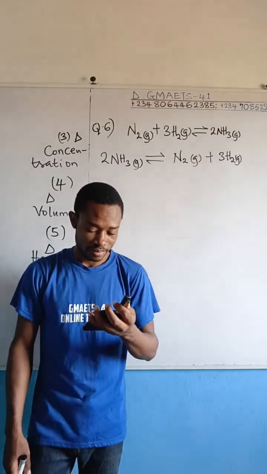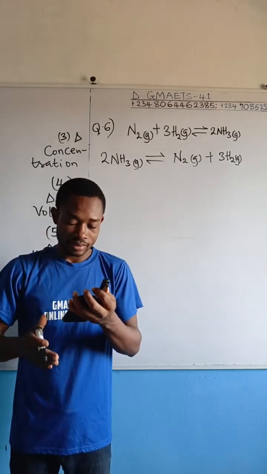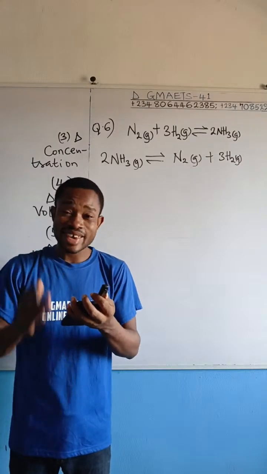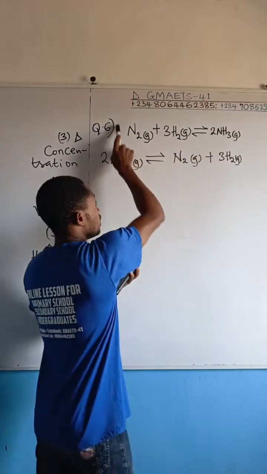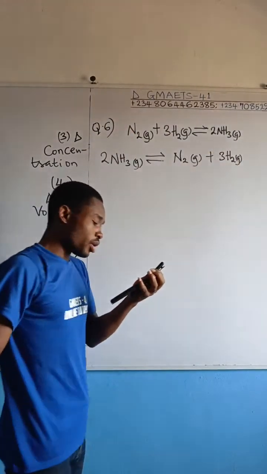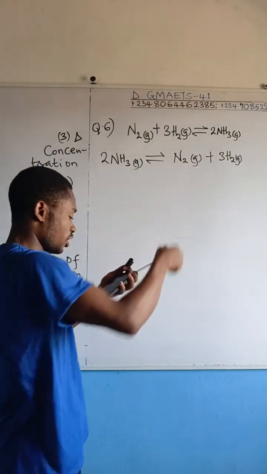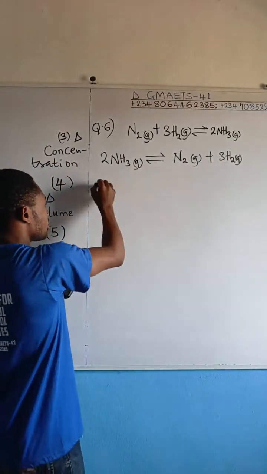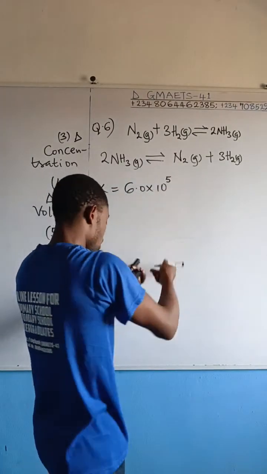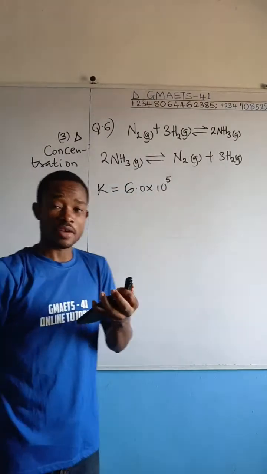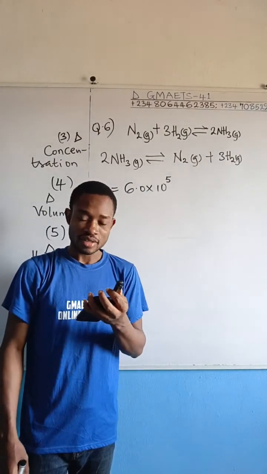Follow along. The equilibrium constant K for the first reaction is K equal to 6.0 times 10 to the power of 5 at 300 Kelvin.